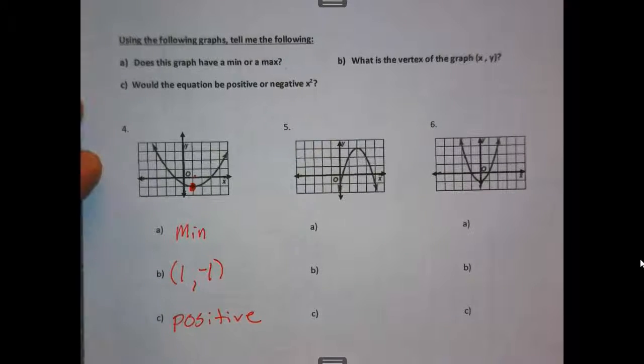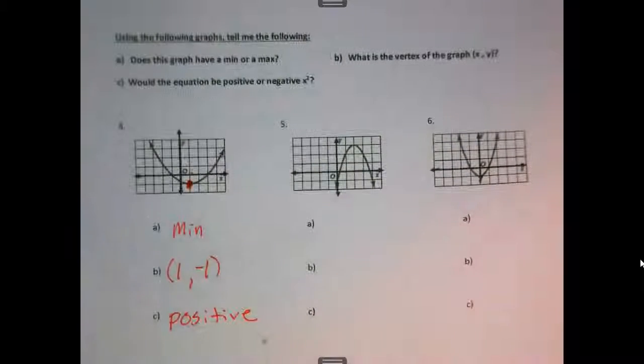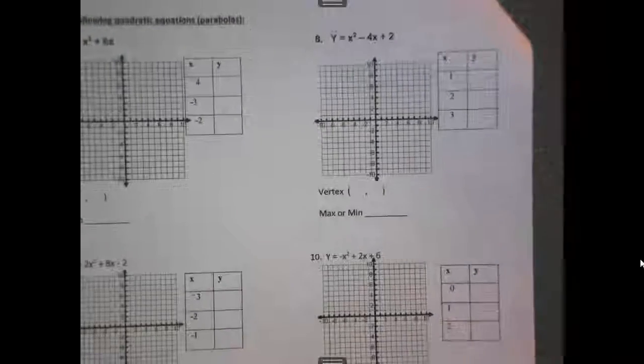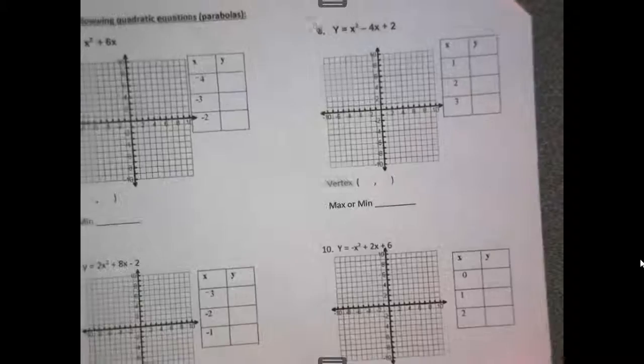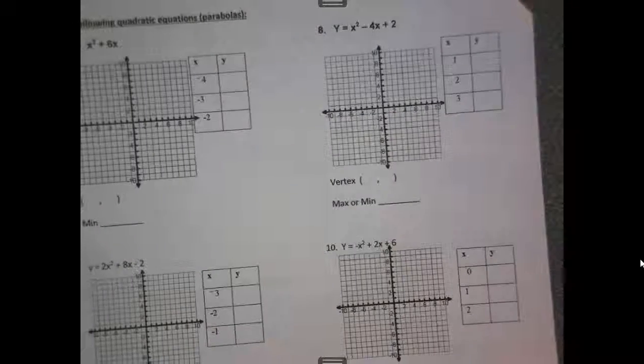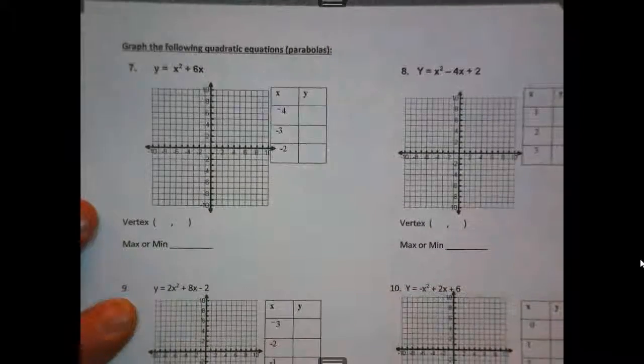So you guys can do 5 and 6. I'll do the odds, you guys do the even. Graph the following quadratic equations, or as we've been calling them, the parabolas.